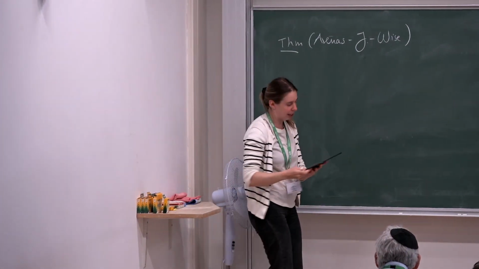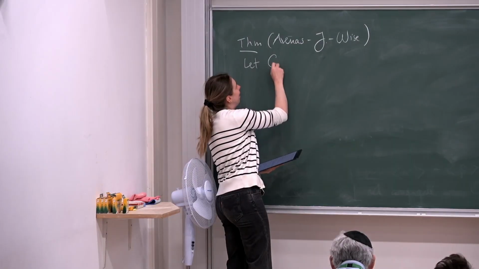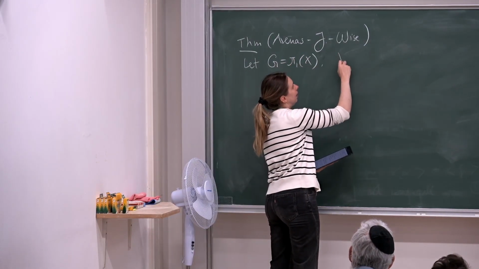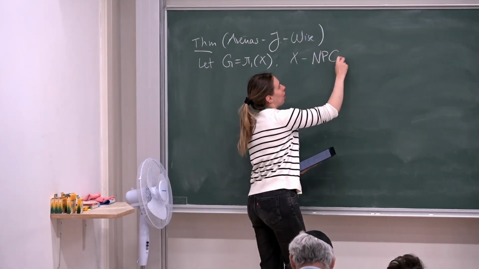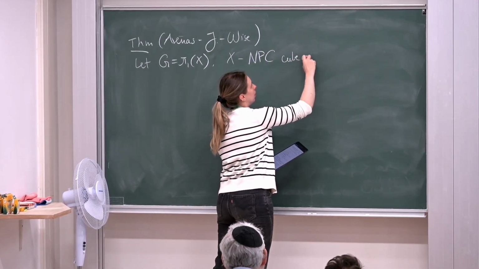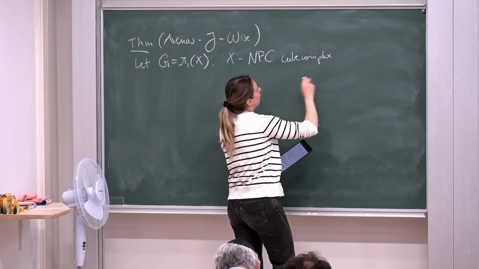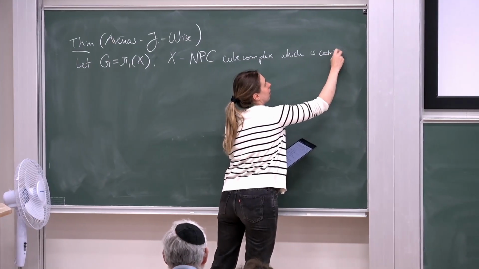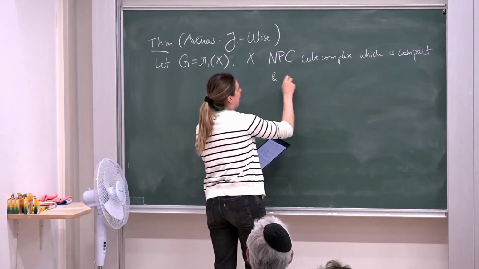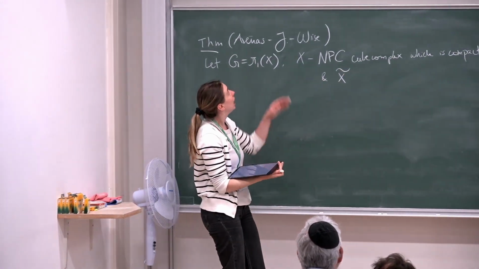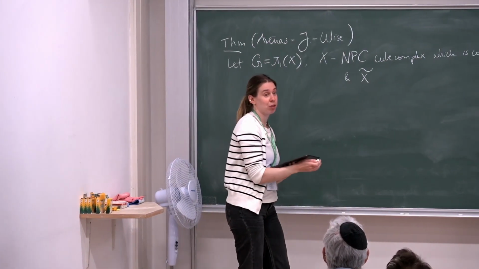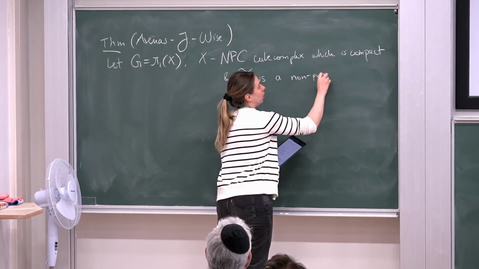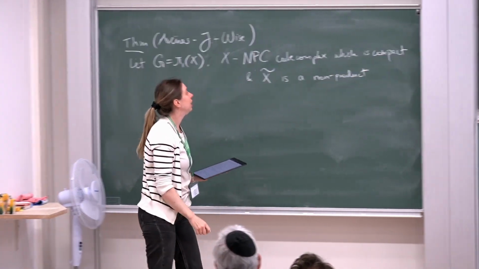So I'm going to assume that I have G, the fundamental group of a non-positively curved cube complex, which is compact, and such that its universal cover is not a direct product of two cube complexes.